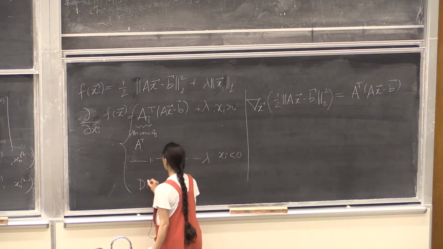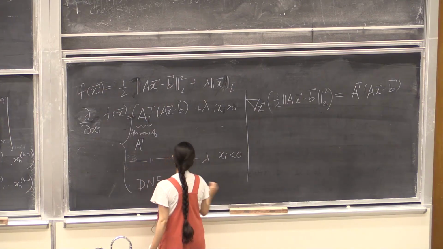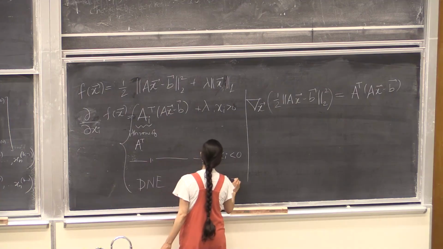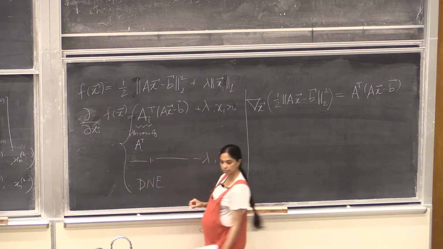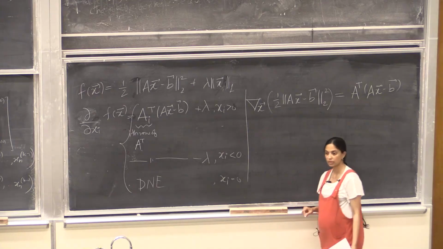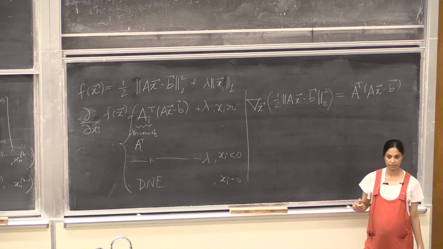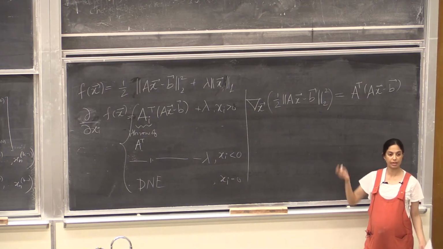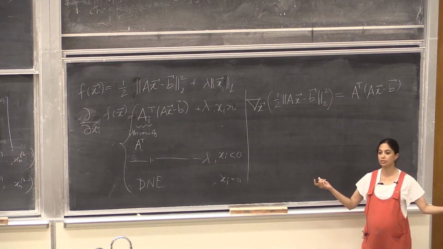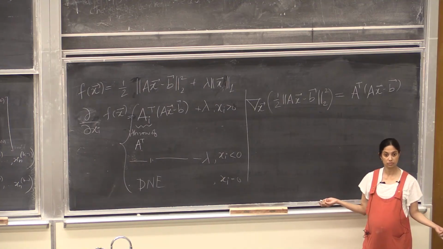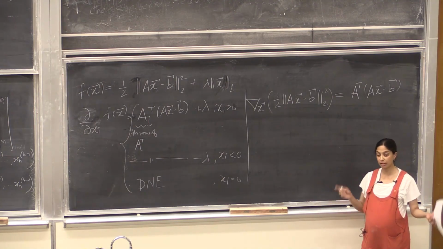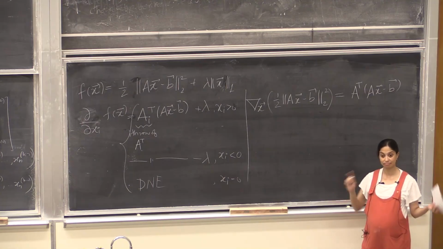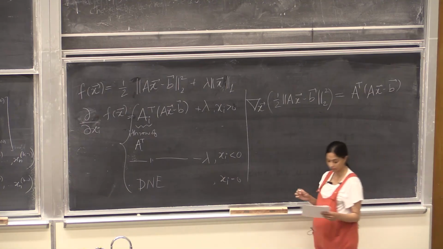And I have does not exist if x_i is equal to 0. Exactly like we did in the previous case, right? Because the partial derivative of x2 with respect to x1 is 0. Right? We did learn some vector calculus in this class. We're good? Okay, good.